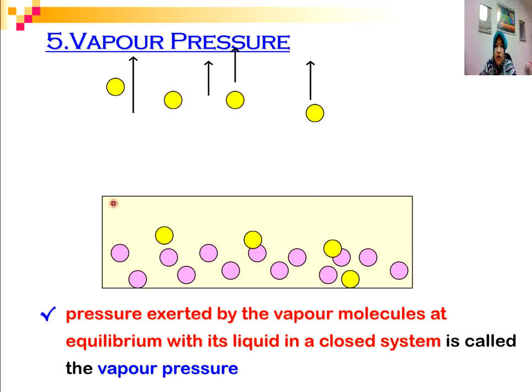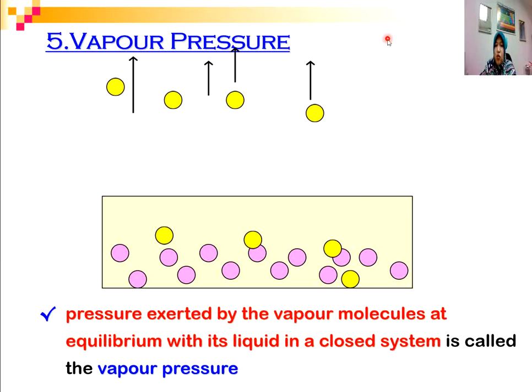So if this system is a closed system, this happens in a closed vessel. They will reach a time when the rate of vaporization is equal to the rate of condensation.